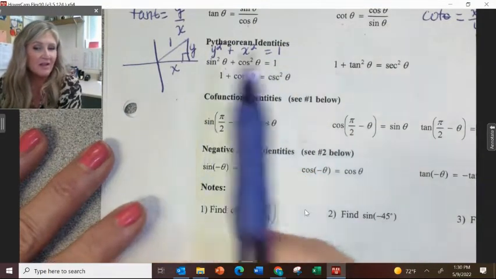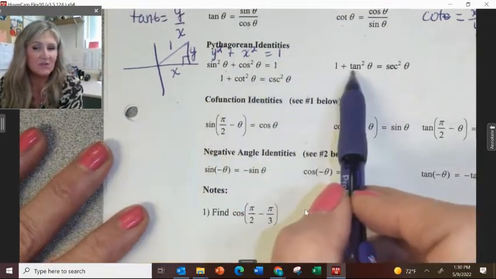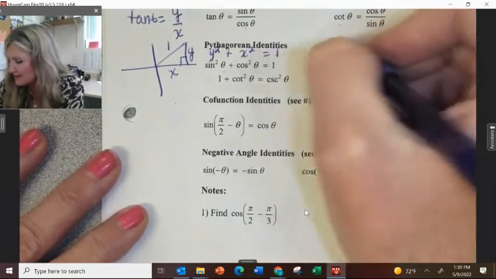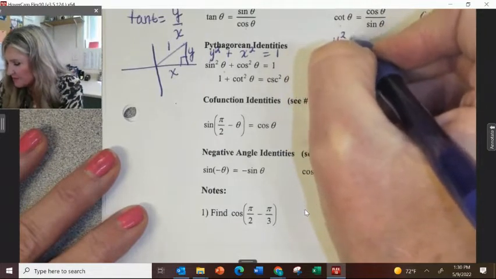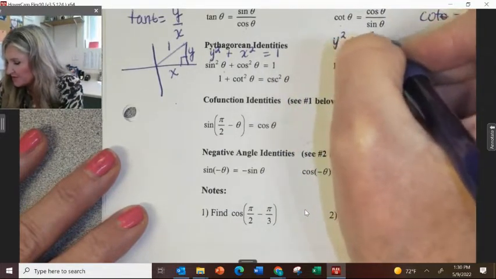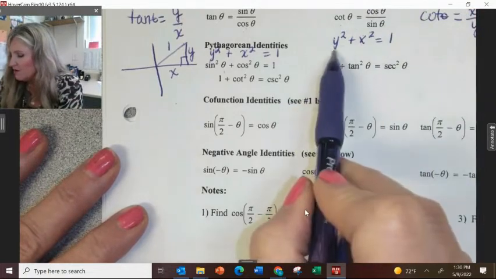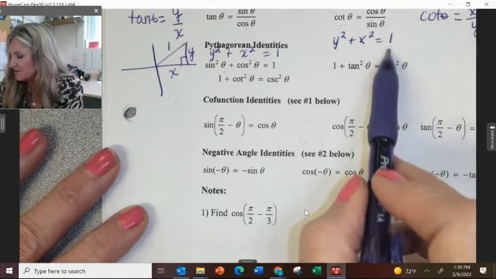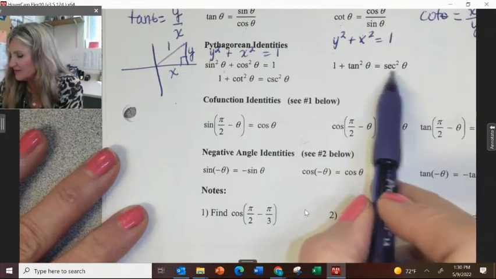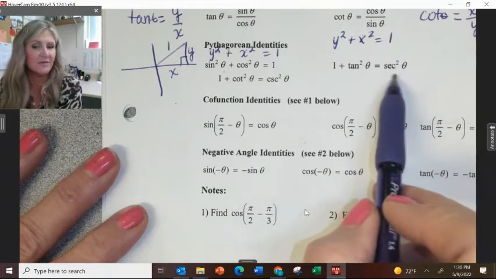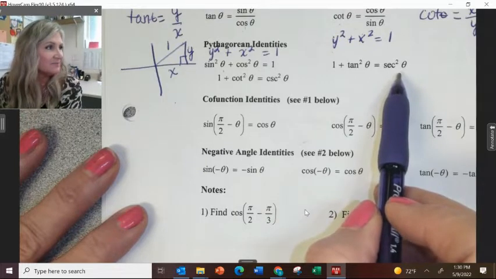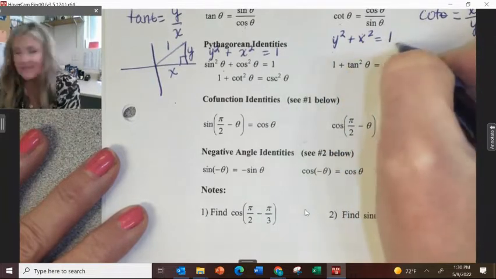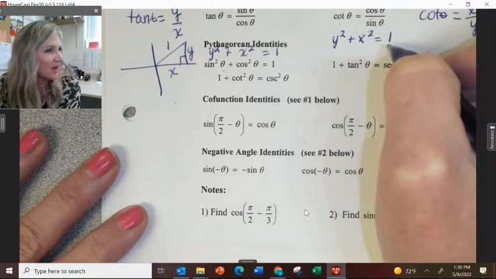Now, the next one we come to is this one right here. And this one isn't quite as intuitive. So let's say we already know this one. What can I divide this by so that I could get secant? What's the reciprocal of secant? Cosine, right? So what's another name for cosine? Is it x or y?